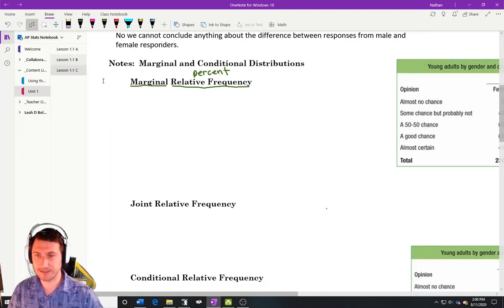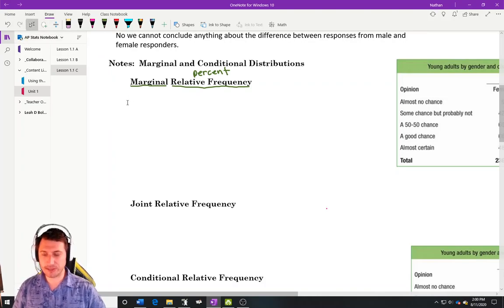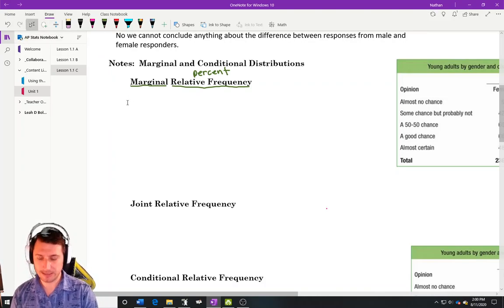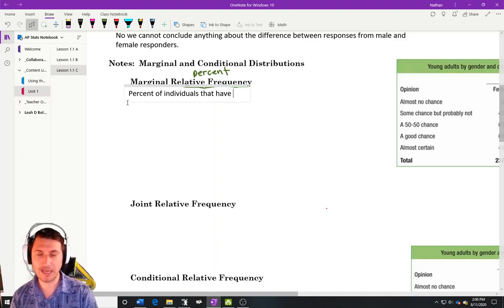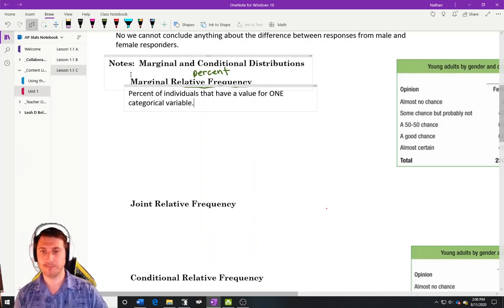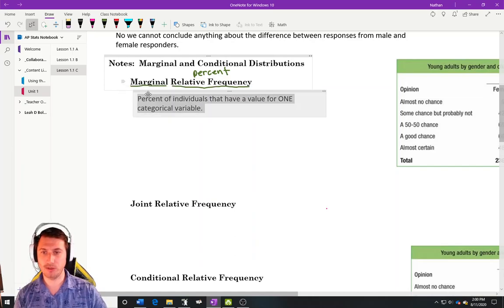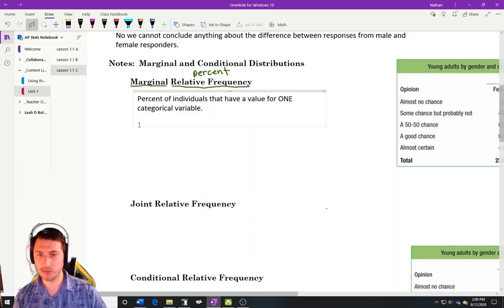So let's write down exactly what this is. So a marginal relative frequency is the percent of individuals that have a value for one categorical variable. Okay, just one.